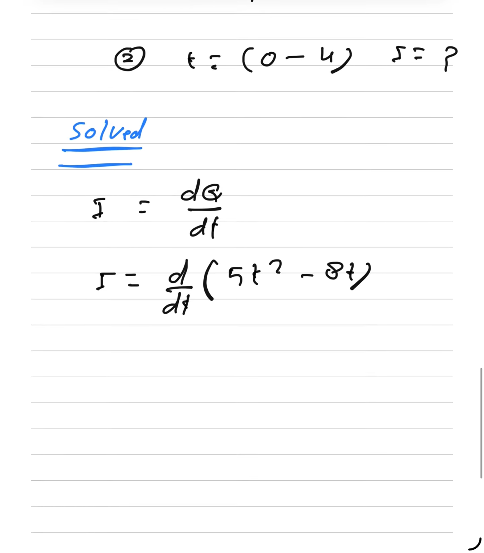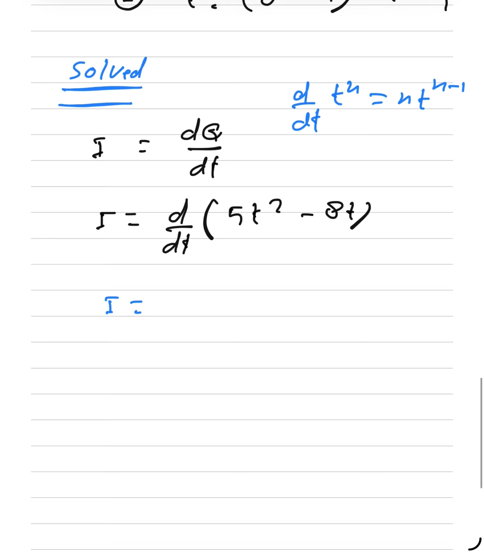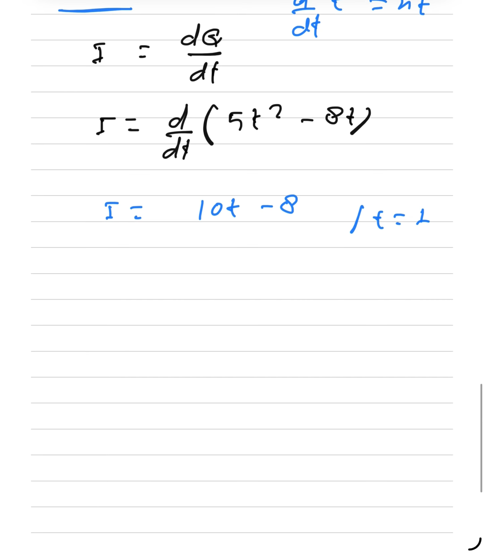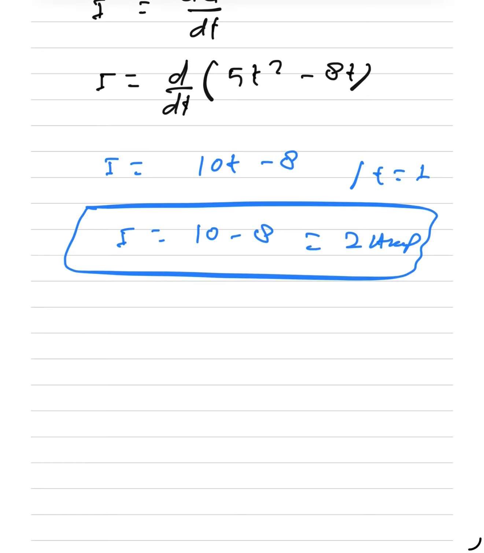Using the differentiation formula d by dt of t to the power n equals n t to the power n minus 1, the electric current is 10t minus 8. Putting t equals 1 second, I equals 10 minus 8, meaning 2 ampere. This is the value of electric current at 1 second, the instantaneous value of electric current.